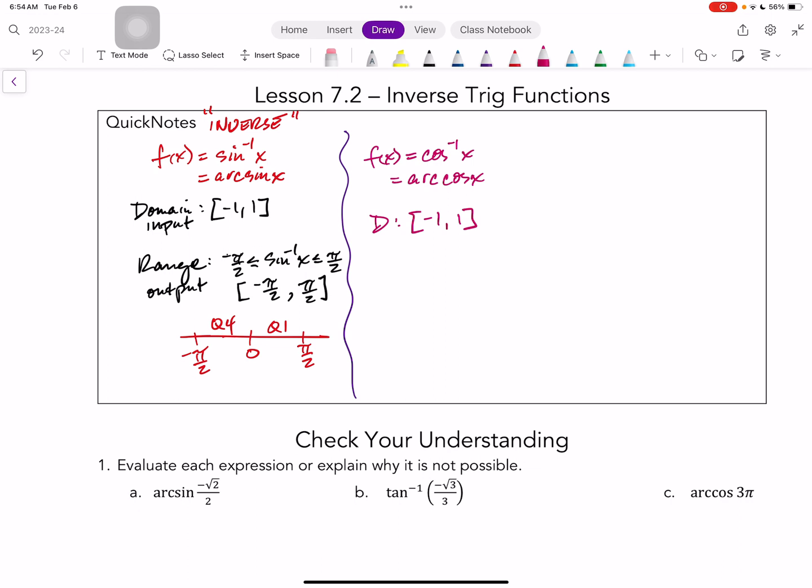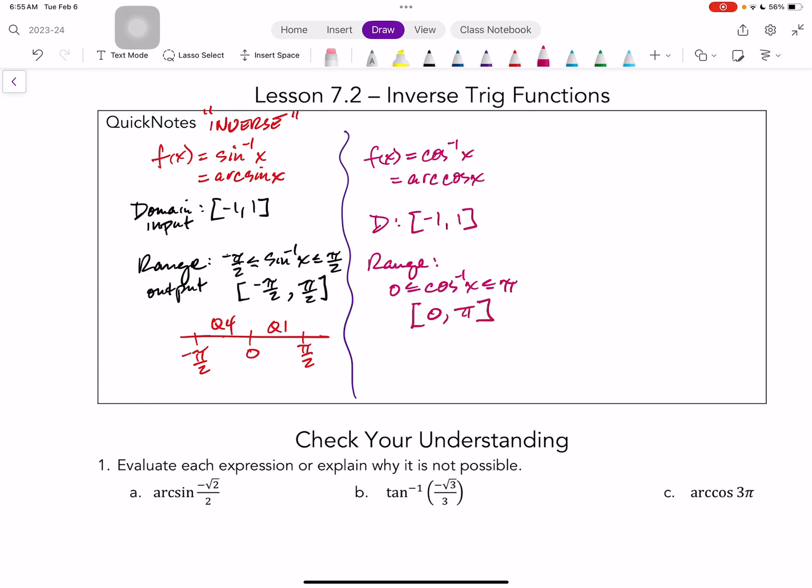And it gives you back an angle in the range between 0 and pi. So 0 is less than or equal to the inverse cosine of x, which is less than or equal to pi, but the easy way to write that is from 0 to pi.